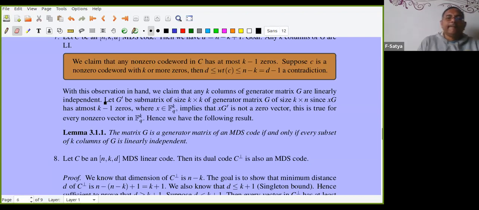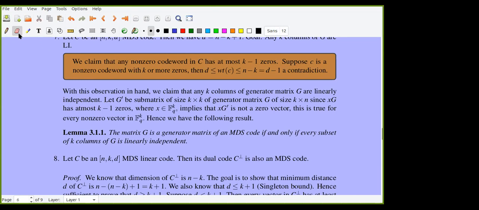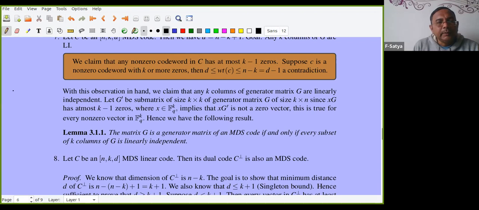Not clear? It's clear. Okay. The thing is that I'm taking x times G, which is a combination, and G' is also there, and x is multiplied to that.